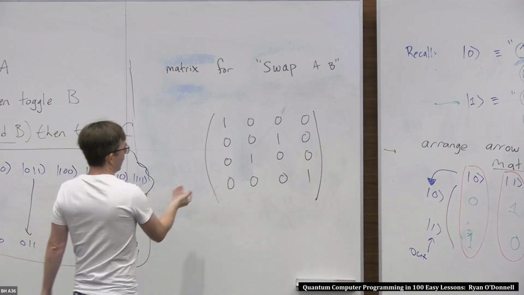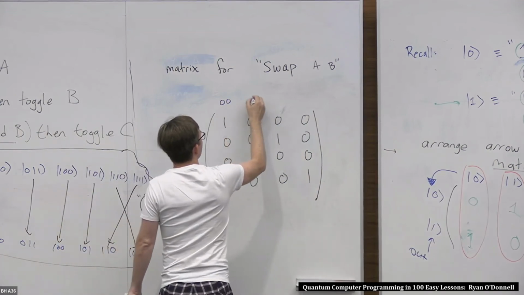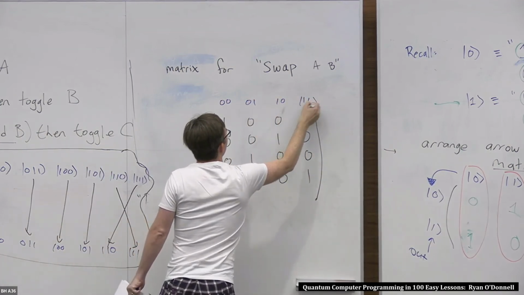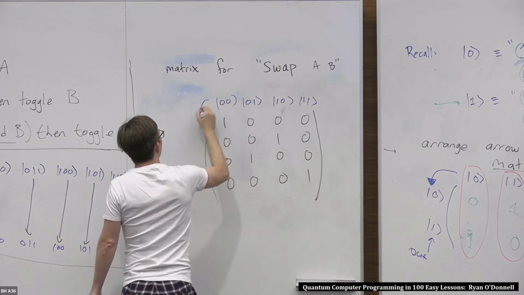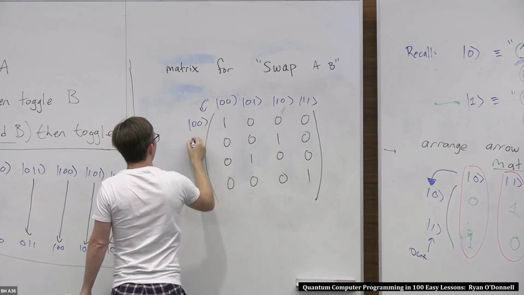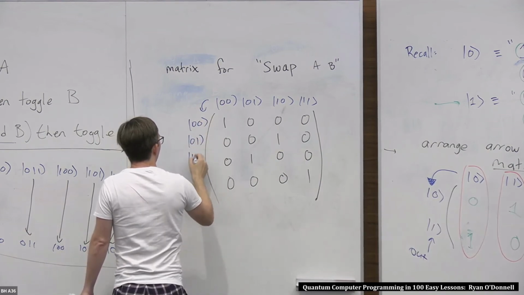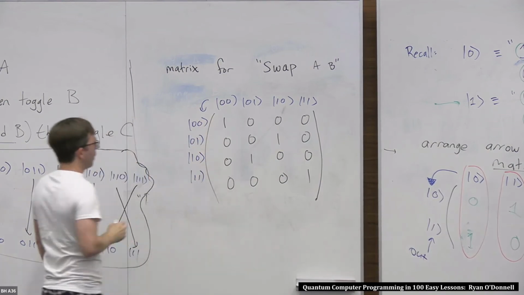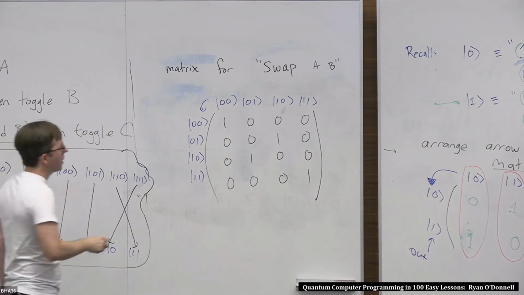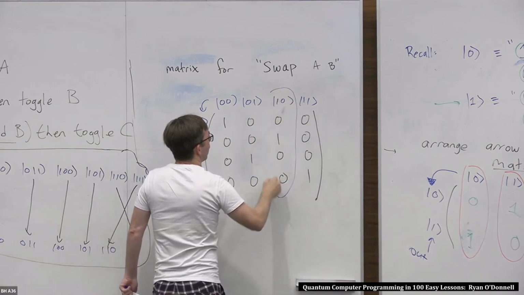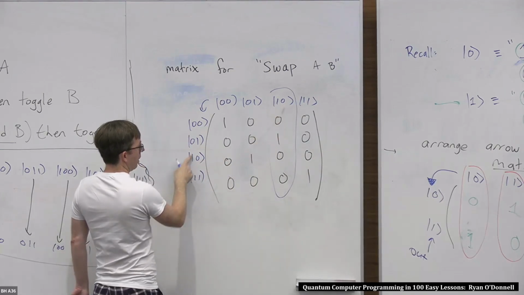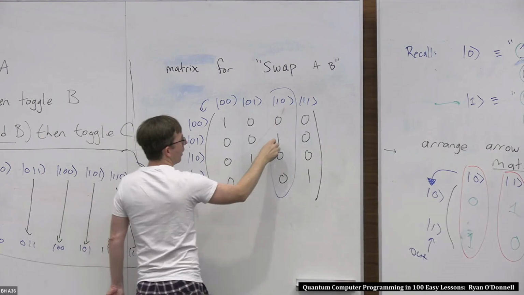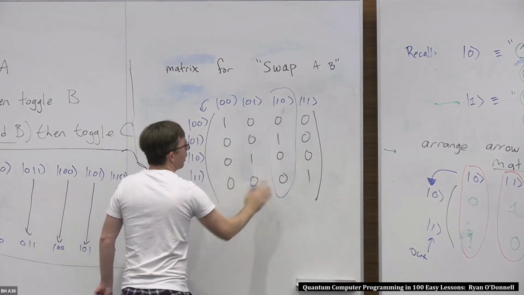It looks kind of inscrutable, but the reason is that you have to remember what the incoming labels are and the outgoing labels are. For example, if you do swap when A is 1 and B is 0, then the result is A is 0 and B is 1. So you get all the amplitude on that and no amplitude on the rest.